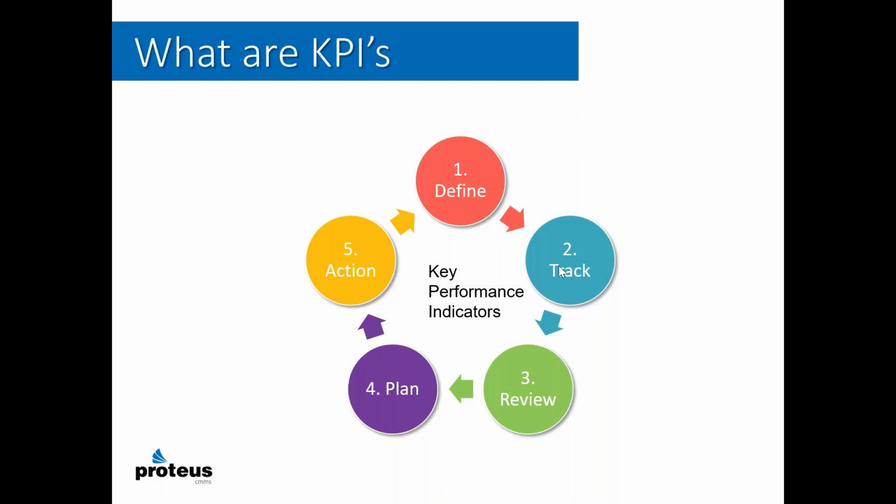The second thing is that in tracking KPIs, you need to make sure that there's consistent processes associated with the collection of data. One of the failures of a lot of systems and processes related to CMMS is the ability to track data on a consistent basis. In other words, how are you tracking downtime? Is everybody reporting it the same way? Are they putting their time against it and recording it as downtime?